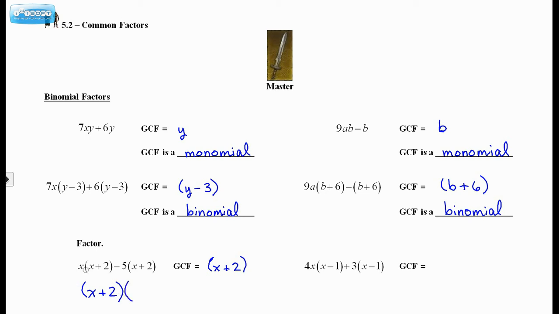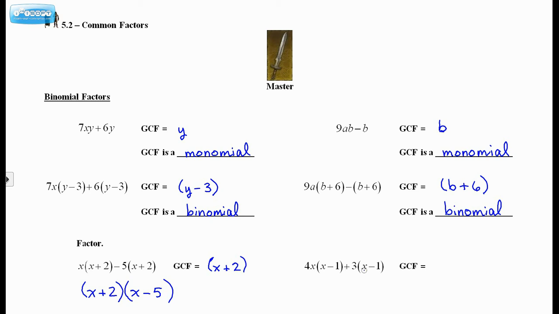Well, if I have x times x plus 2, and I've divided out the x plus 2, only the x remains. In the next term, I have a minus 5 times x plus 2, but I factored out that x plus 2, which means this is just 5. So x plus 2 bracket x minus 5. This is now factored. Let's try a different one.